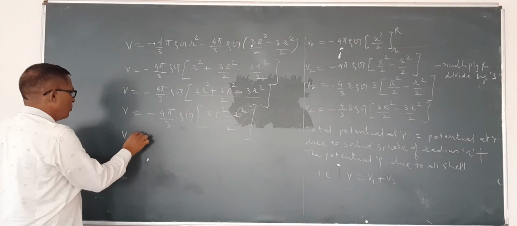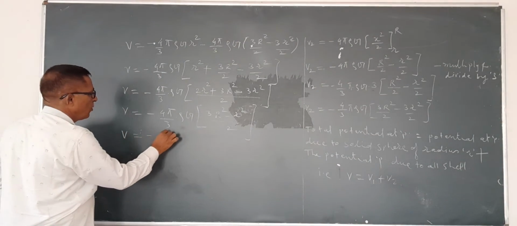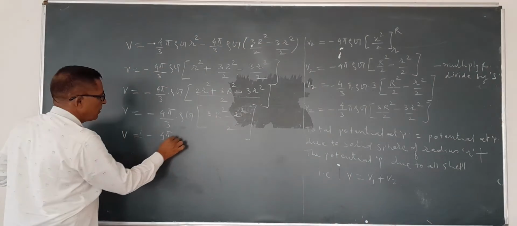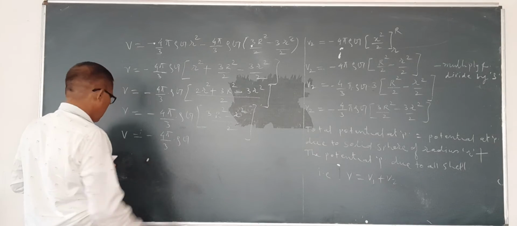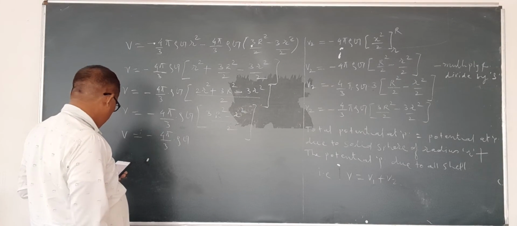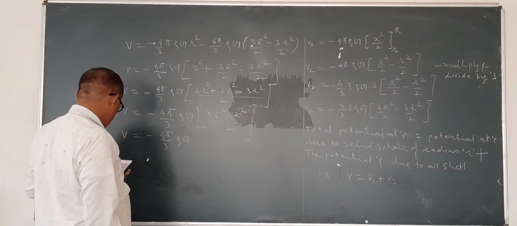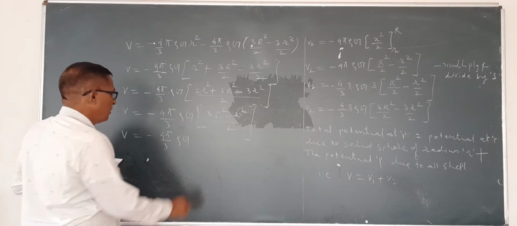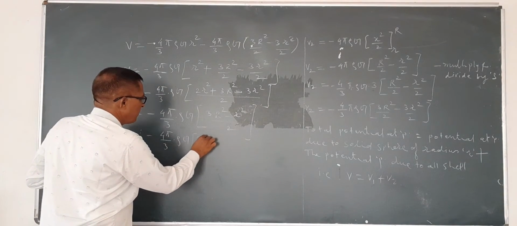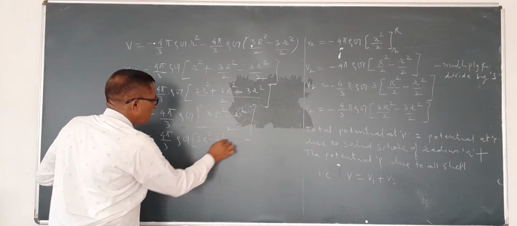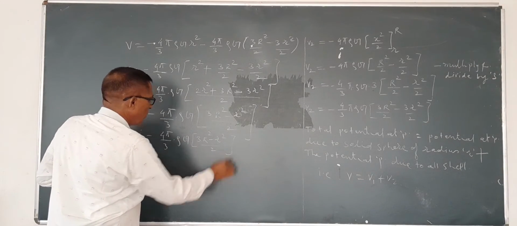Therefore, V equals minus 4 pi by 3 rho g into 3r square minus r square upon 2.